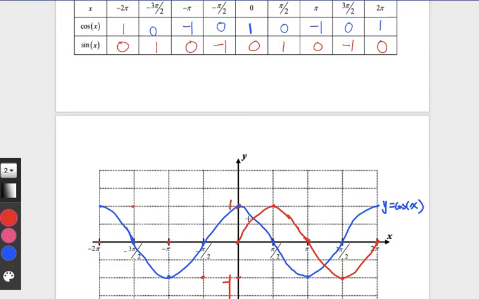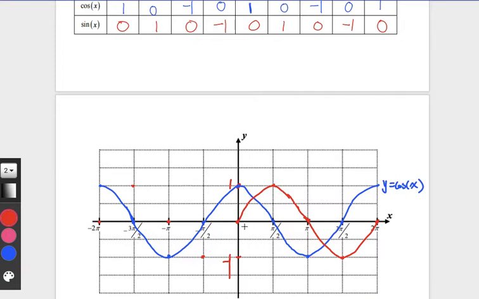Now I'm going to connect them. Again, forgive my messy drawing. It's not so bad. So this is y equals sine x.